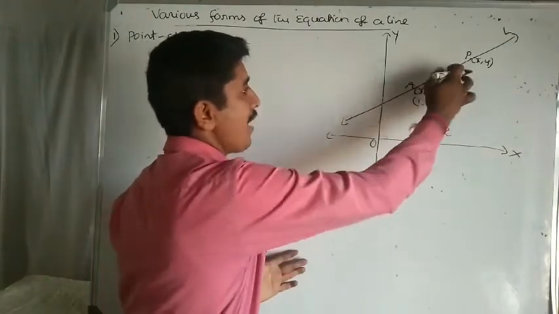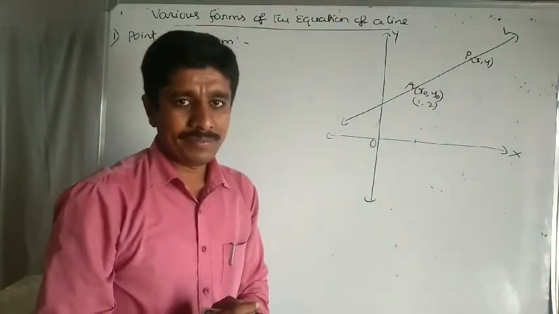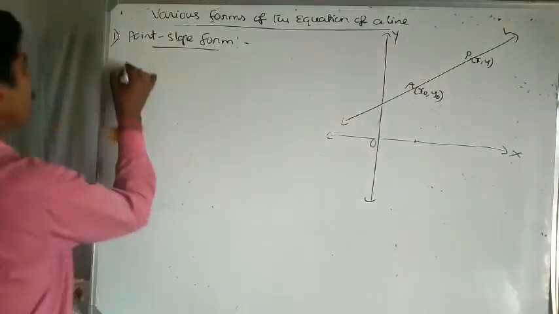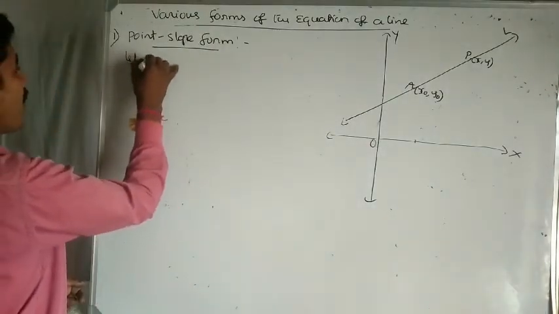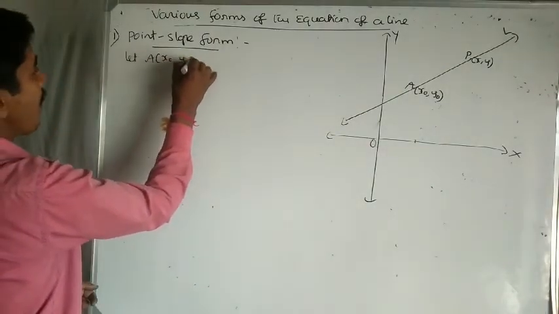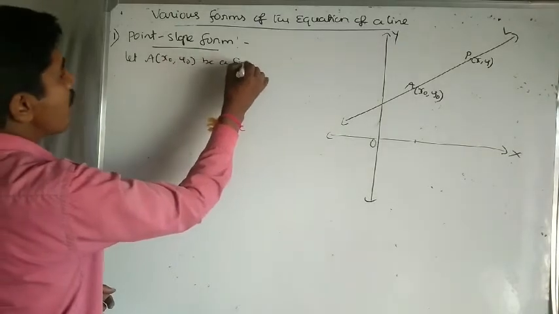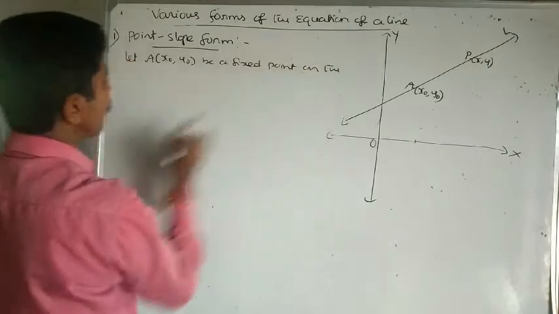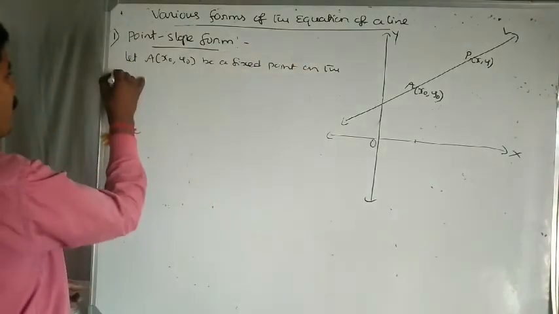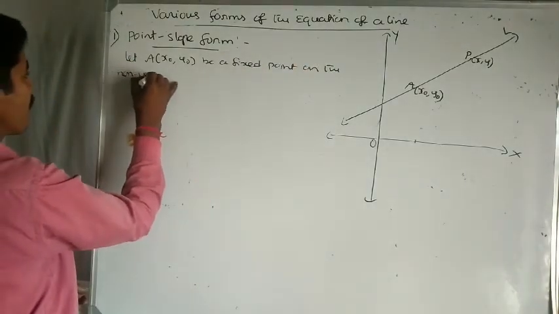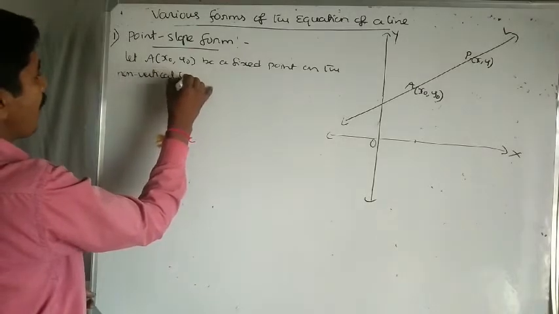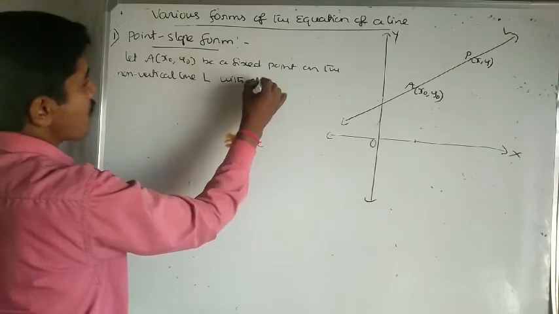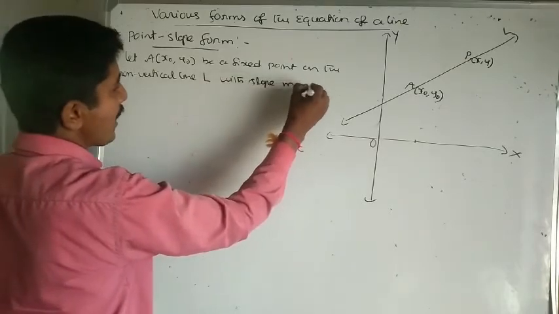And the slope of this line I am denoting by small m. Let A of x naught comma y naught be a fixed point on the non-vertical line L with slope m.